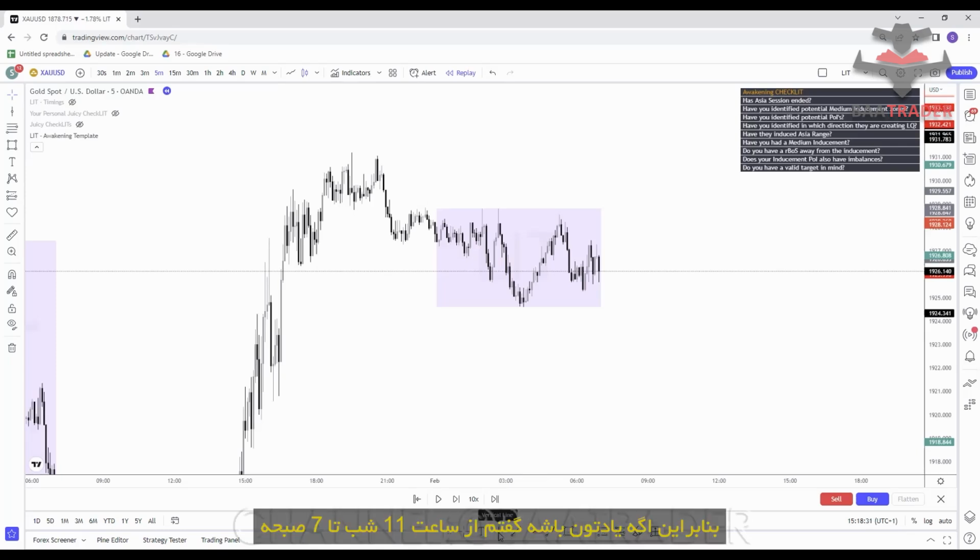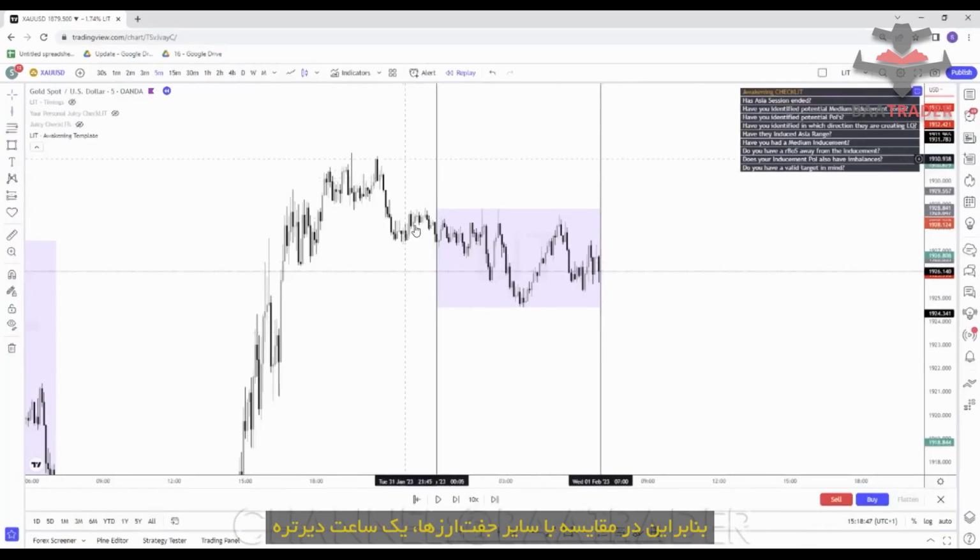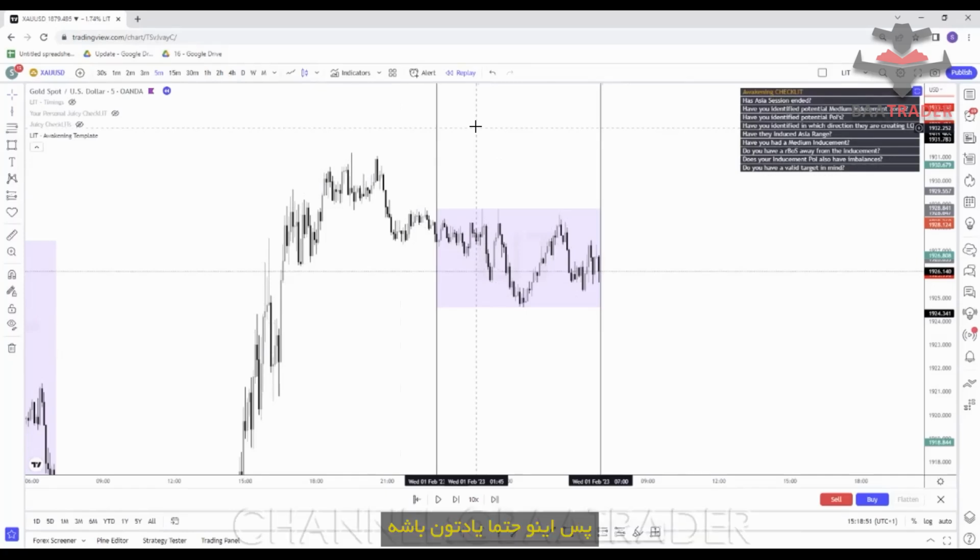If you do remember, I mentioned it's 11 p.m. to 7 a.m., an 8-hour window for the Forex pairs. For gold, however, it is from 12, as you can see, till 7. So it is 1 hour later as opposed to the rest of the pairs. So do keep that in mind.